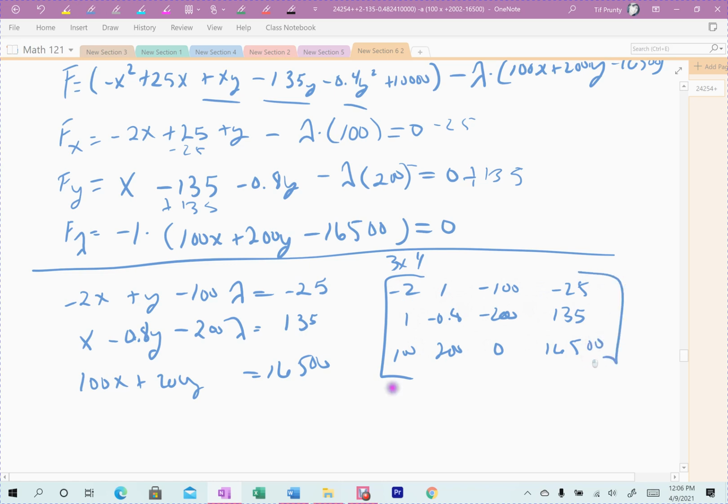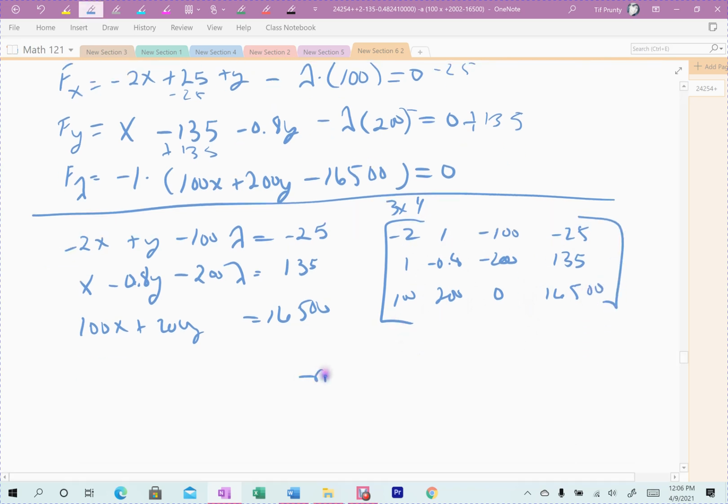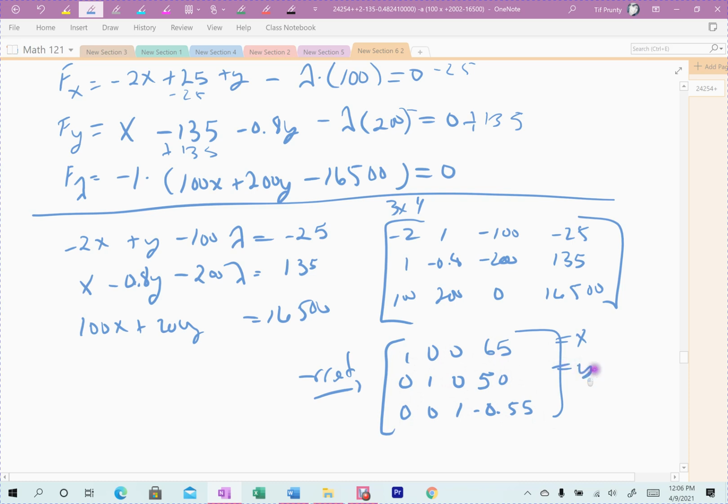Alright, so if I've carefully placed those in my matrix, I do my row reduced echelon form, I should get the matrix with the diagonal of 1s and 0s and then numbers, so that comes out 65, 50, negative 0.55. Alright, so that's my x, that's my y, and again, that's my lambda. I found it. We don't do anything with it.